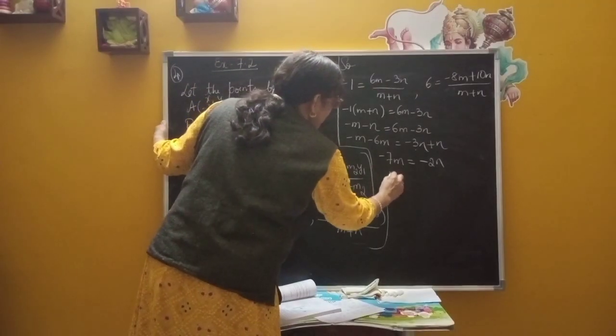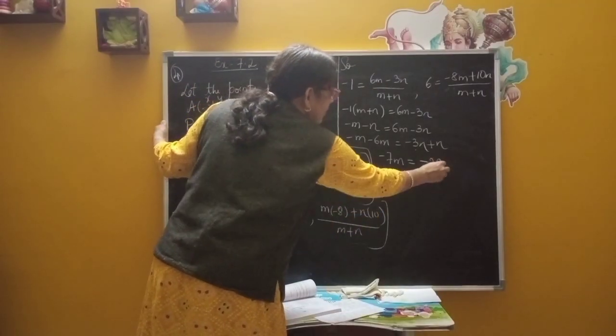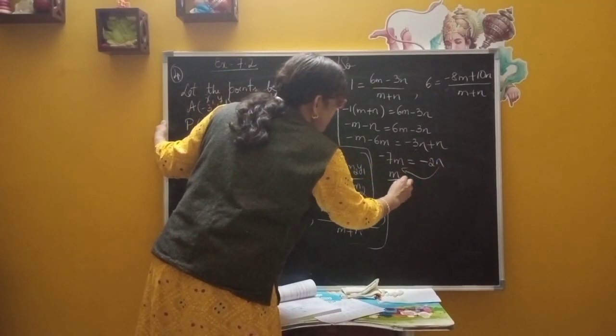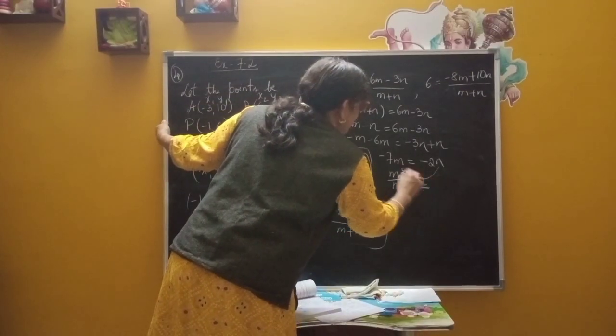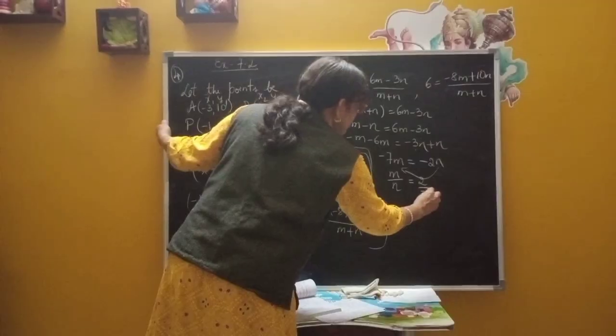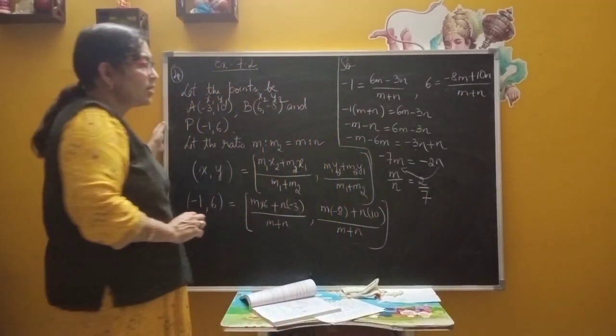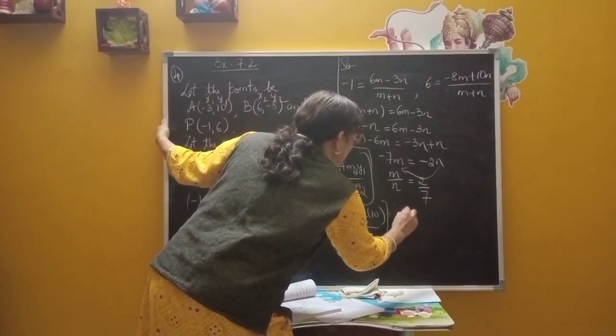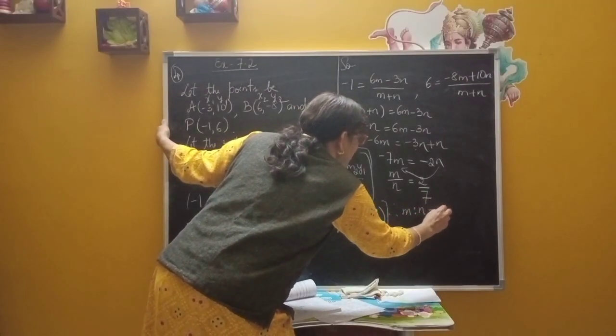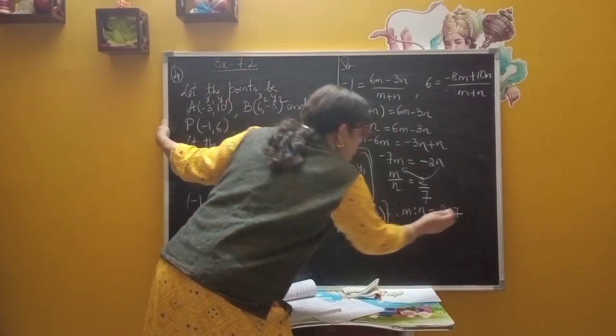I keep m here and bring n here. So m by n is equal to 2 by 7. So what is the ratio? m is to n is equal to 2 is to 7.